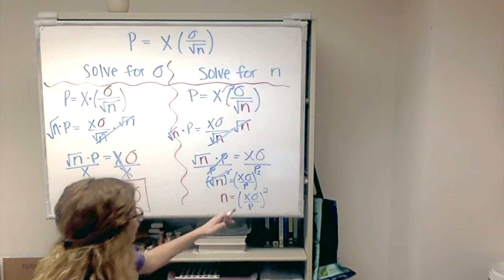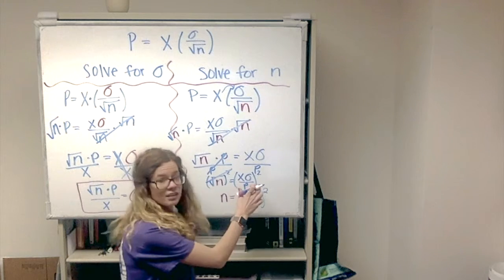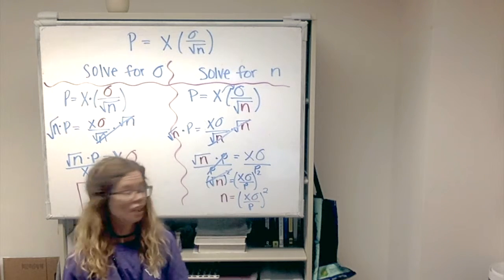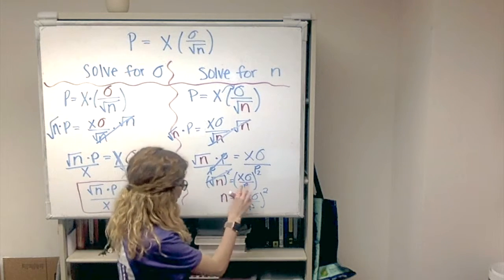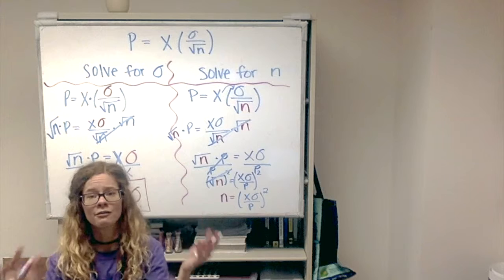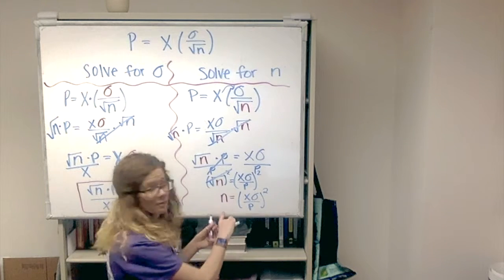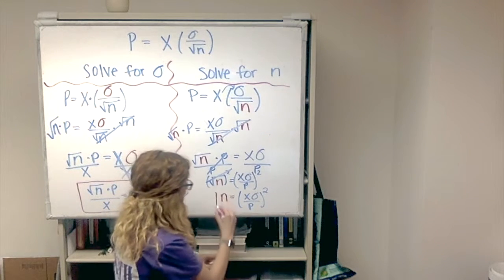Make sure when you are squaring the other side, you have to square everything, not just the x or just the p. You have to square everything. And so we got n by itself, so we found our answer.